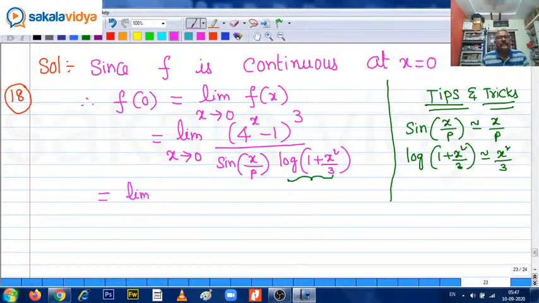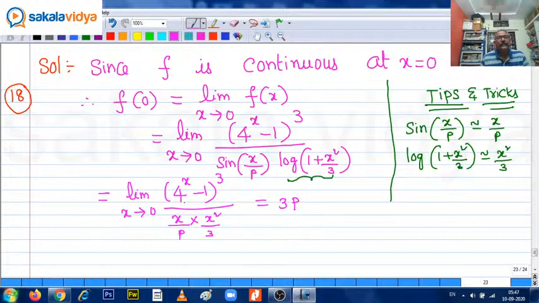So limit x tends to 0 of 4 raised to x minus 1 whole cube upon x by p times x square by 3. This becomes x cube, and 3p comes up. 3p is a constant, so we can write 3p times the limit as x tends to 0 of 4 power x minus 1 upon x, whole cube.